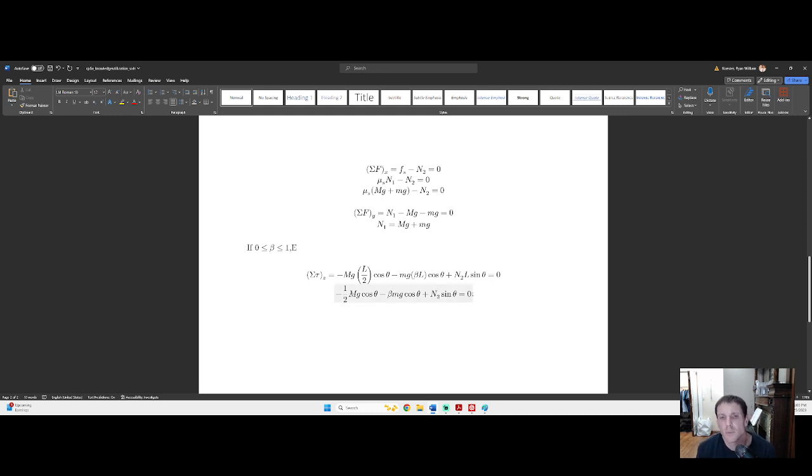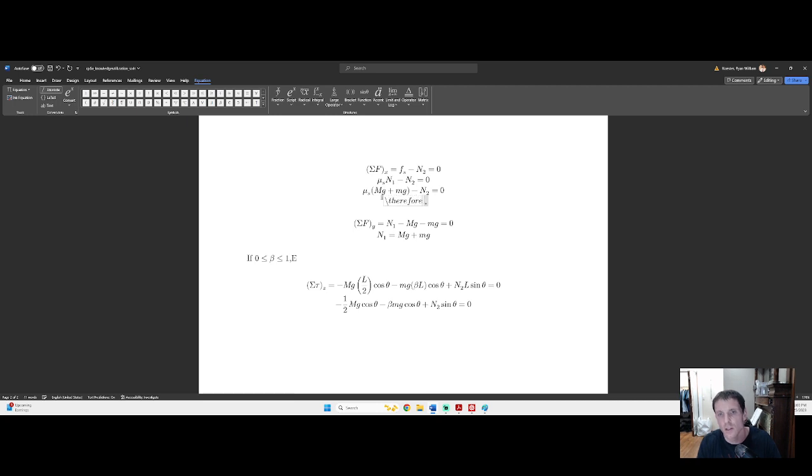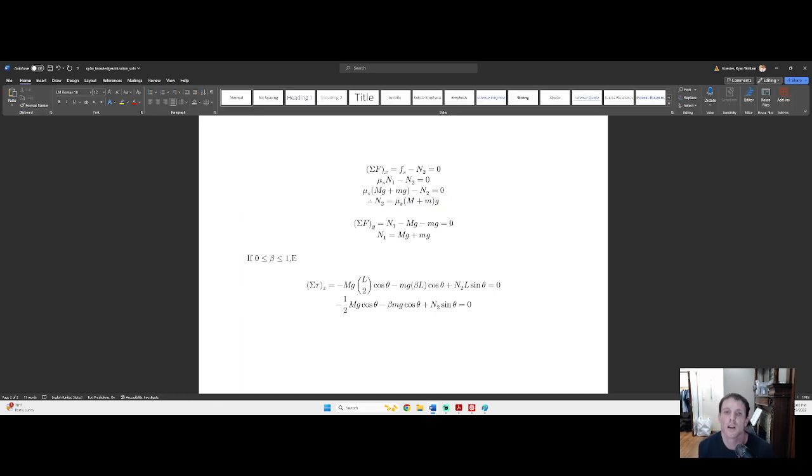So then what I can do here is come back to my x equation, and I can finally use this to write that the second normal force is just going to be the coefficient of static friction times the sum of the masses, g, right? That's good. And then I can rewrite this equation one more time.